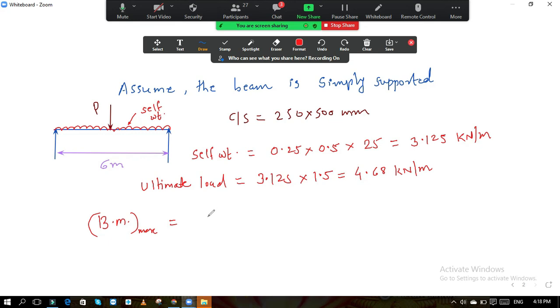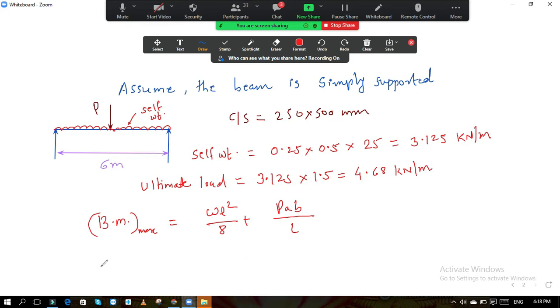First, for the UDL, it is wl square by 8, plus for the point load, if we consider the magnitude as P, then it is Pab by L, or otherwise it is Wab by L. Notation doesn't matter, just understand the concept. So it is Pab by L if P is the load, which is the formula for a point load acting anywhere on the simply supported beam. Okay, it may act at the center or anywhere.